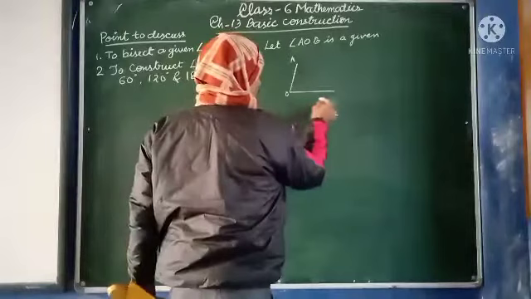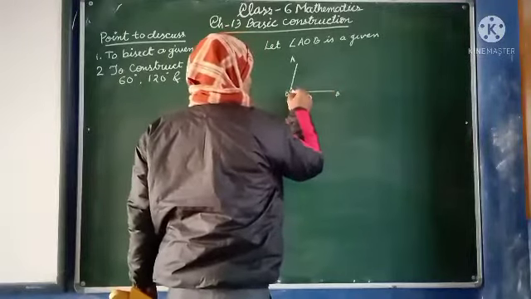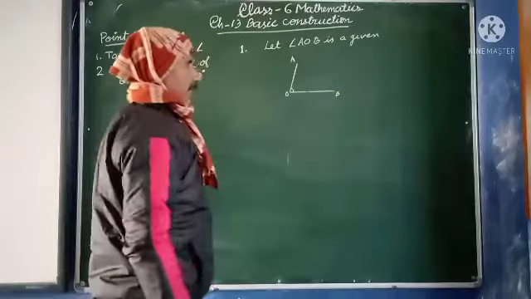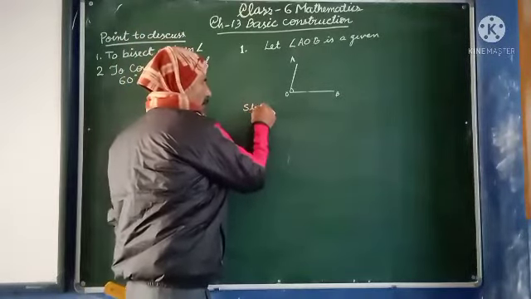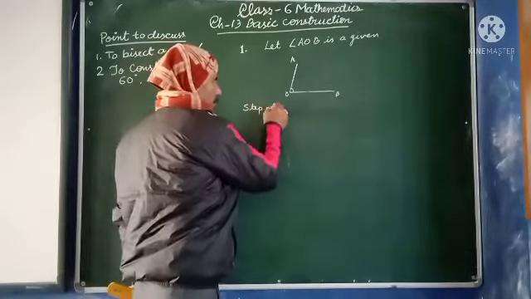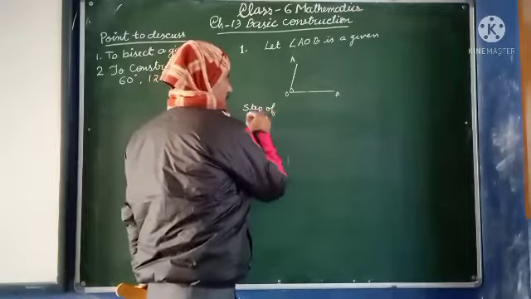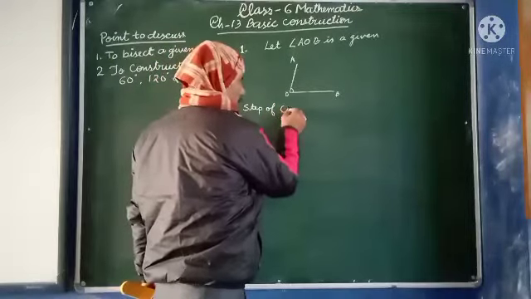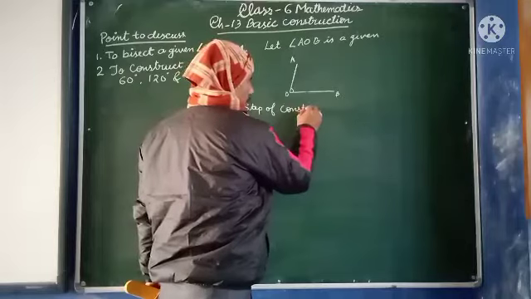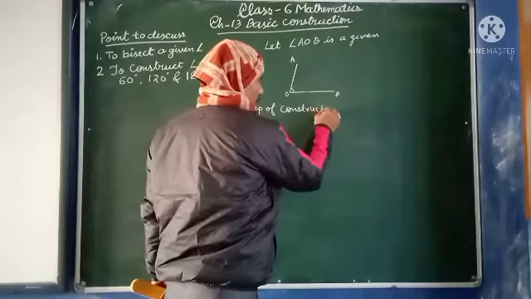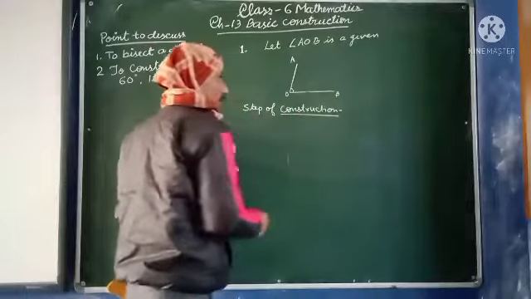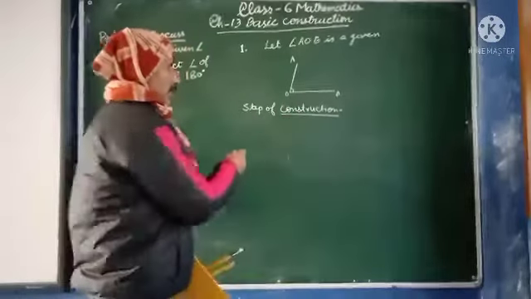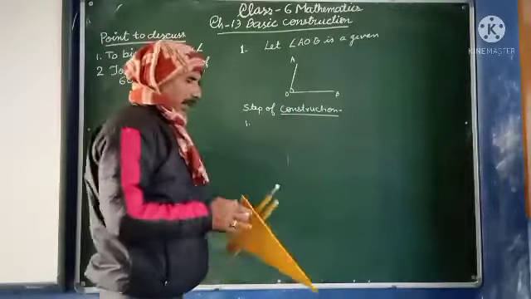This is AOB, angle AOB. Now we have to bisect it. So what is the step that we follow to bisect it? It is called the steps of construction. One by one, we will write it.